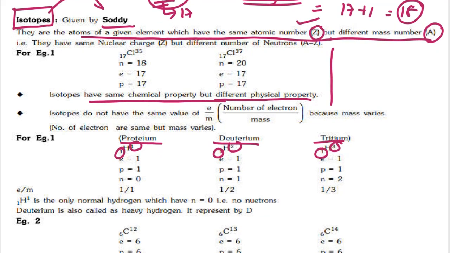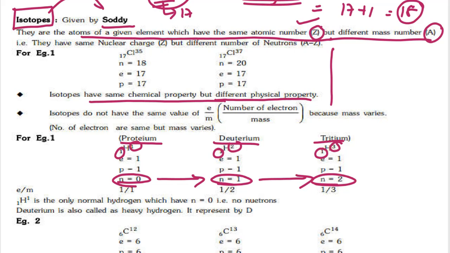You can see here, the number of neutrons is 0, then 1, and here 2. So that will change your physical property, but your chemical property is the same because all of them belong to the same type of atom called hydrogen.